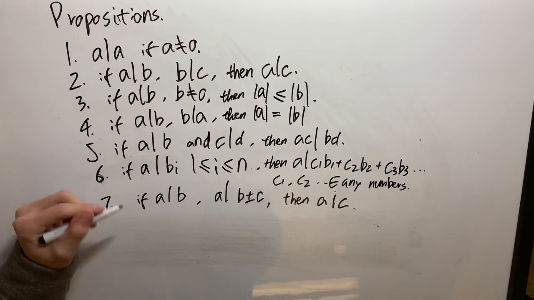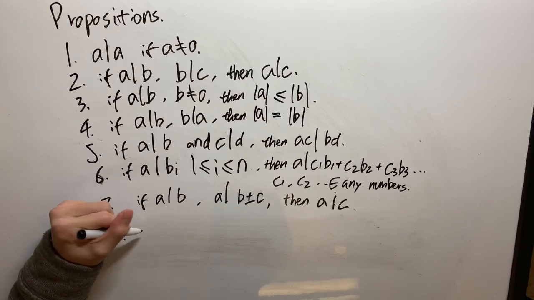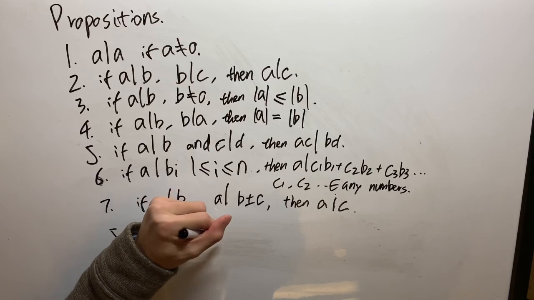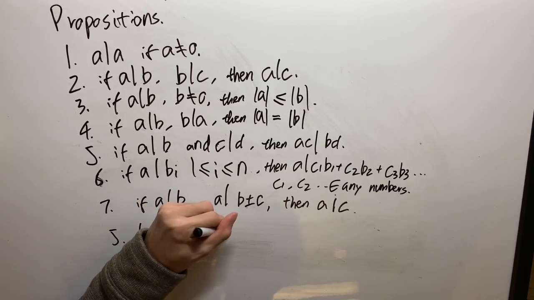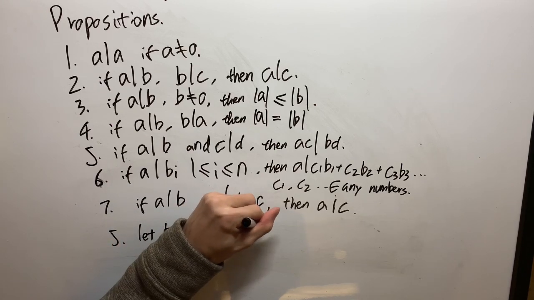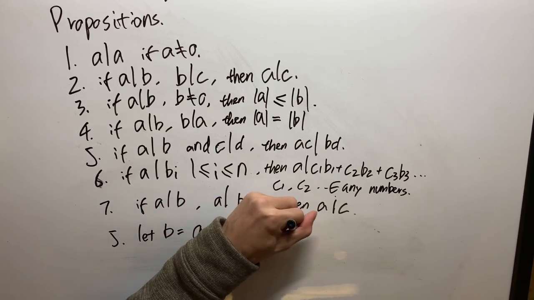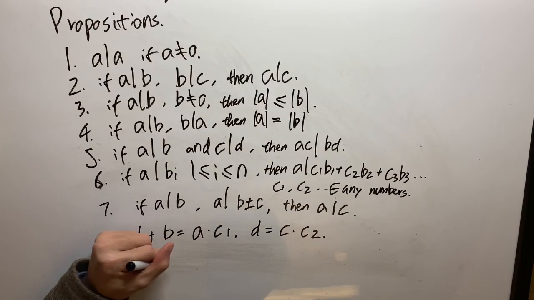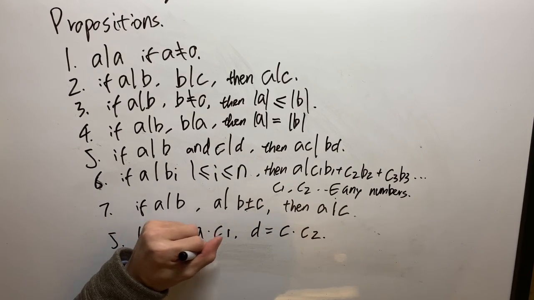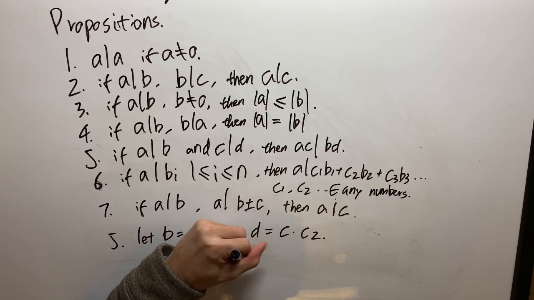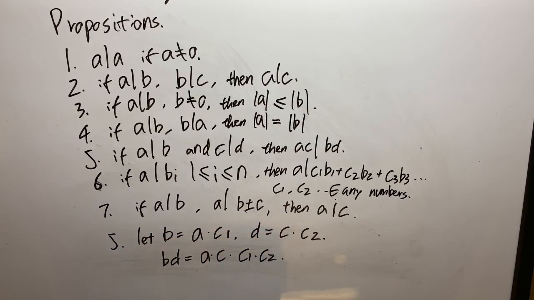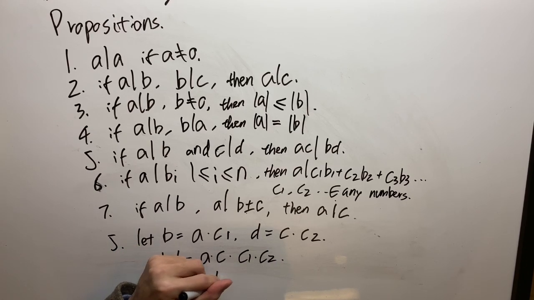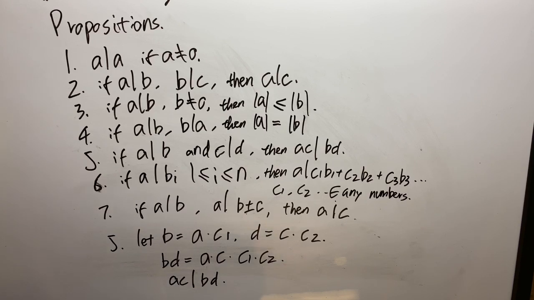For the fifth one, let b equal a times c1, and d equals c times c2. So bd equals a times c times c1 times c2. So ac divides bd.